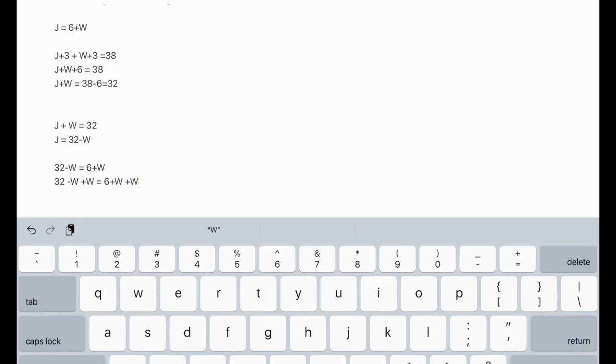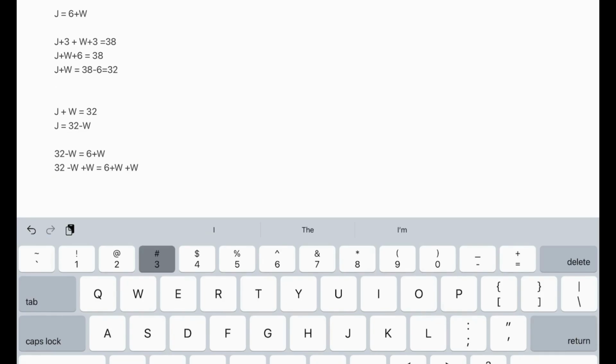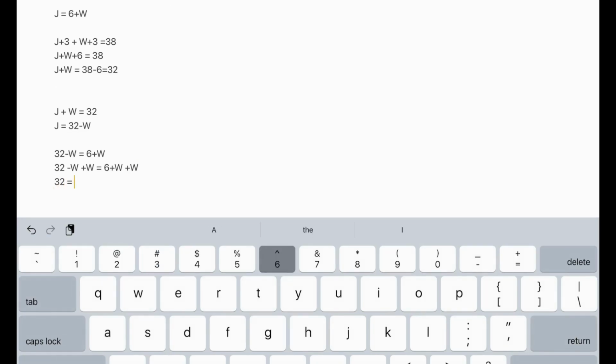Then you just have to simplify the like terms. So this becomes 32 equals 6 plus 2W, because W plus W is 2W.